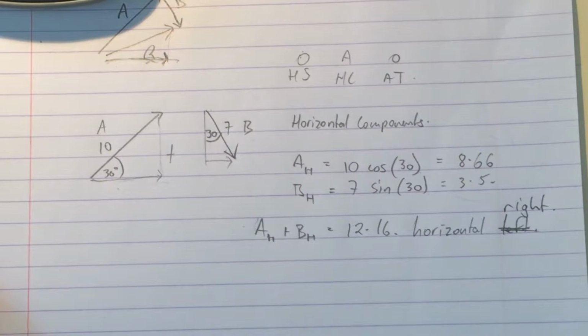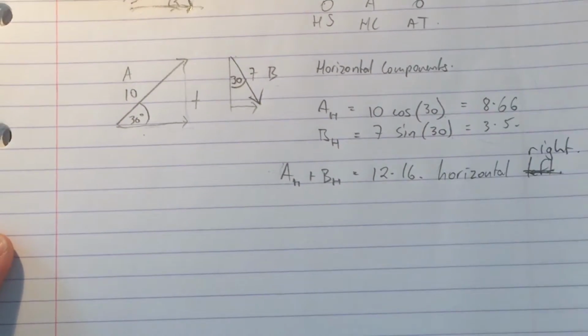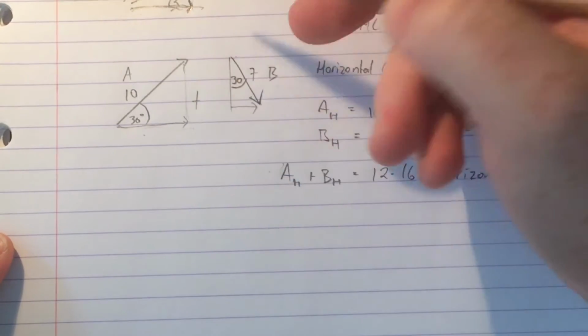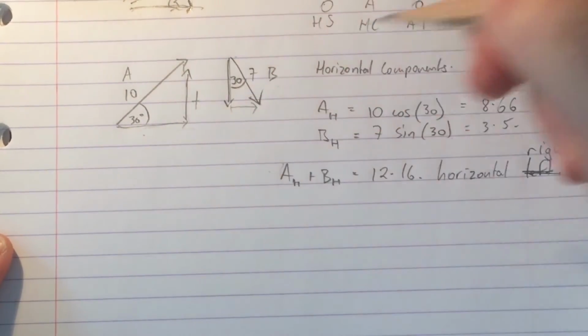We're going to do exactly the same thing now with the vertical components. So the vertical components will be this vector here and this one here.